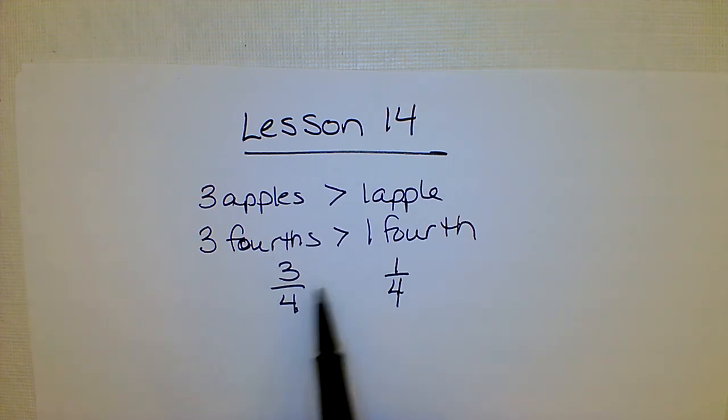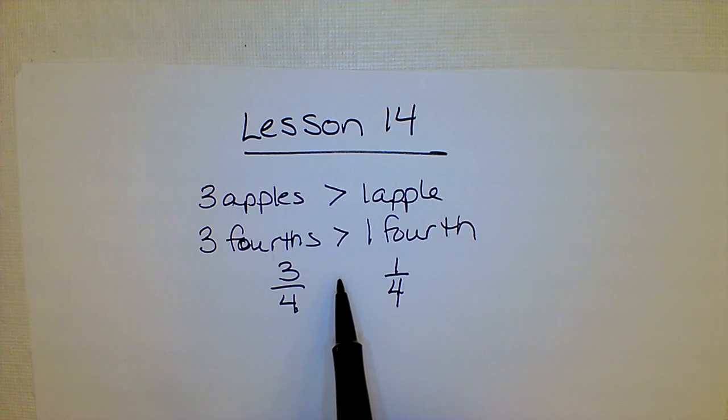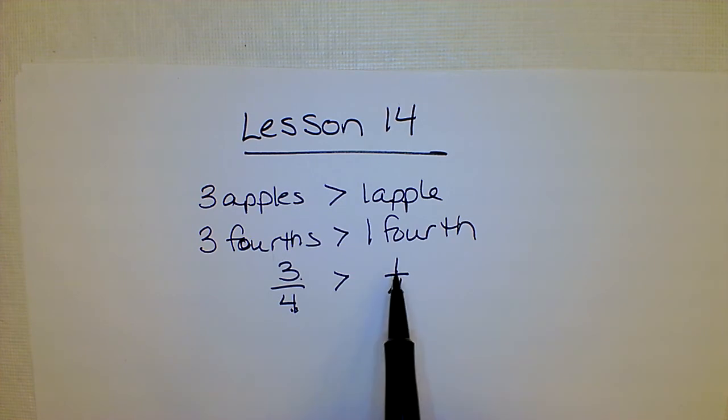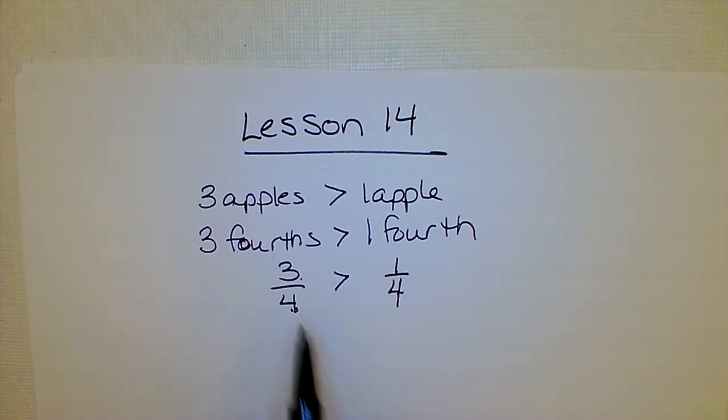And I really started saying that a lot in lesson 13 when we were trying to pull wholes out of fractions. So again, if I have 3 of this size piece, that's going to be more than 1 of that size piece. And in this case, the pieces' sizes are fourths.